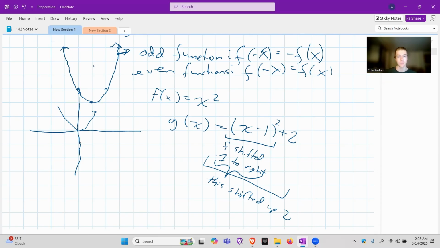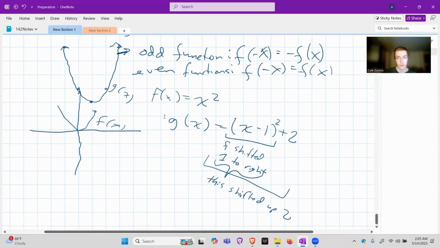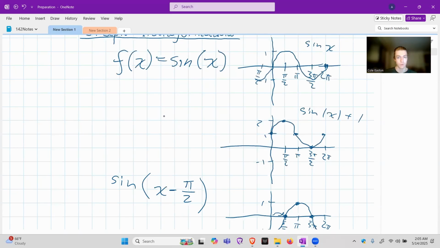Okay, so here's my function g of x that we used our translation rules to find. Both of these are called translations. And again, the names aren't important, which is why I didn't even mention it, but this is a vertical translation.